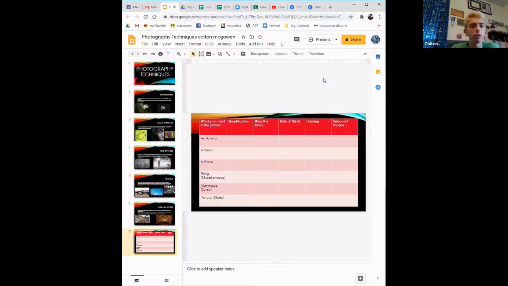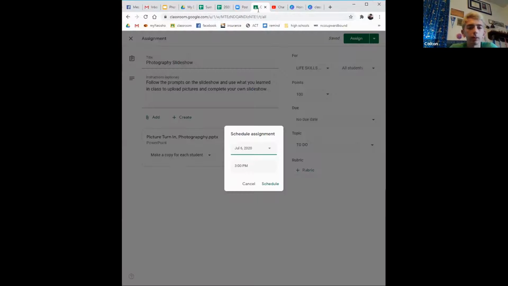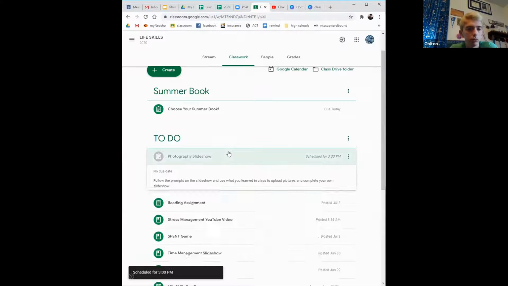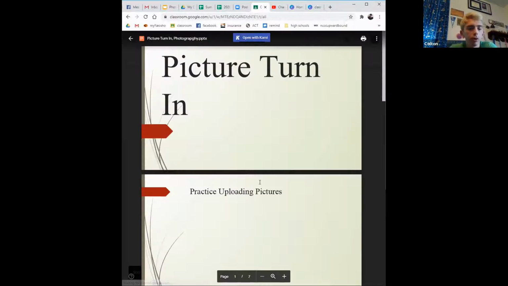So simplification, filling the frame, they're titled like that. And then you just put each picture. So all your animal, person, place, thing, man-made or natural object for simplification will be under the same slide. And then that way we can see how well you can improve on your pictures.